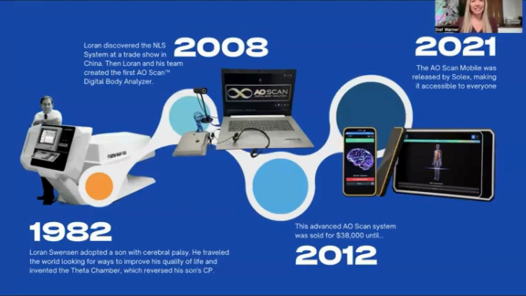This technology isn't new. This has been around for over 40 years. It initially started with the Russian space program, and it also starts with our founder, Lawrence Swenson, in the 1980s. He was looking for a way to reverse his son's cerebral palsy.